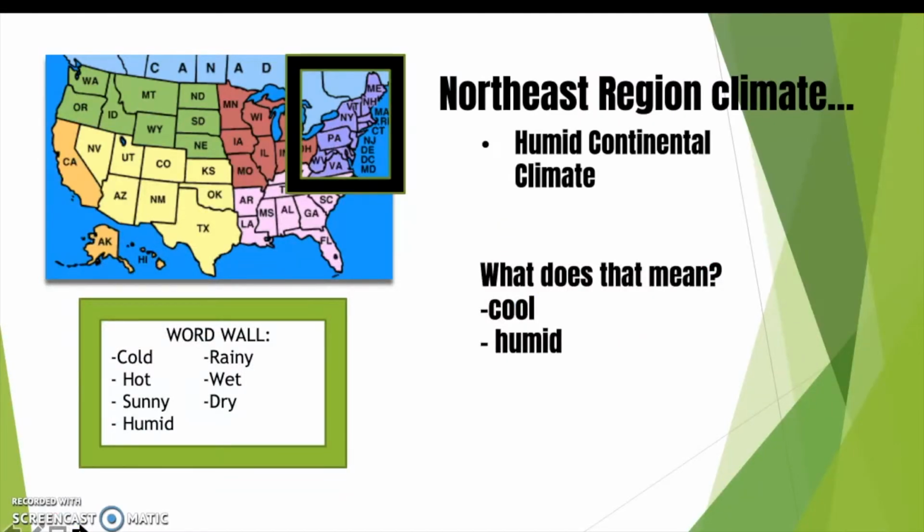Okay, so we're going to start with the Northeast regional climate. Here in this region, it's called the humid continental climate. So what does that exactly mean? That's referring to the characteristics of cool and humid weather. So we pulled those words right here from our word wall, and that's the climate up there towards Maine, New Hampshire, Vermont, New York, Pennsylvania, Virginia, West Virginia, and all those little states in between.